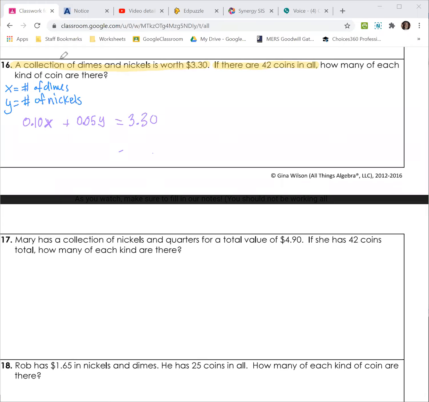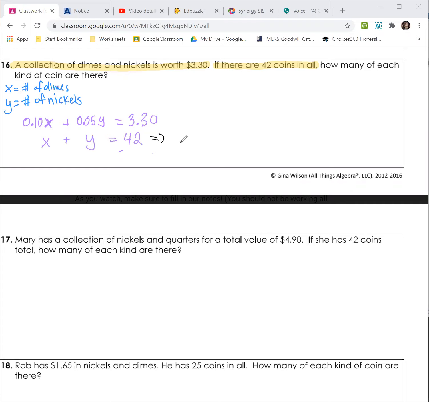That means the number of nickels plus the number of dimes is 42. So I have 42 coins. Now we have our system. Which one do you think we should use? I would prefer not to work with so many decimals and having to multiply with decimals, so I'm going to do substitution.